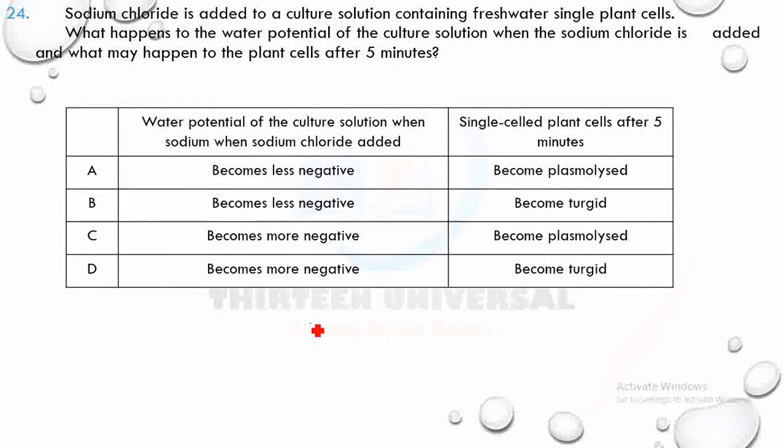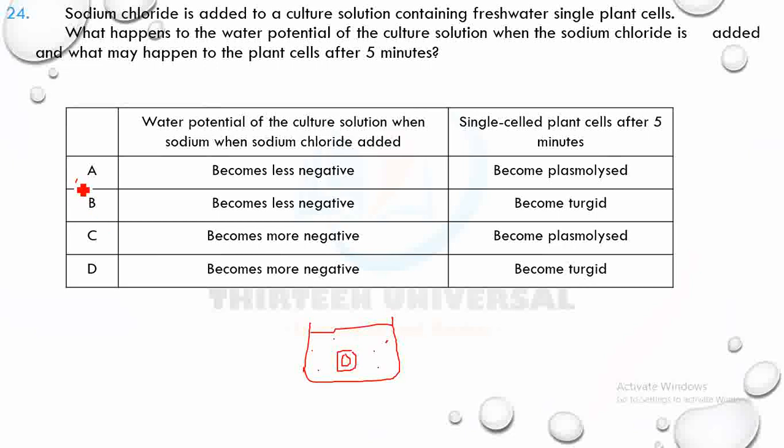Now the plant cell is here, and it is fine. Then they added solute. Sodium chloride is a solute. Water potential will decrease, which means water potential becomes more negative.